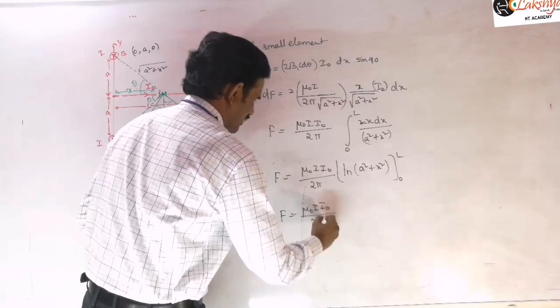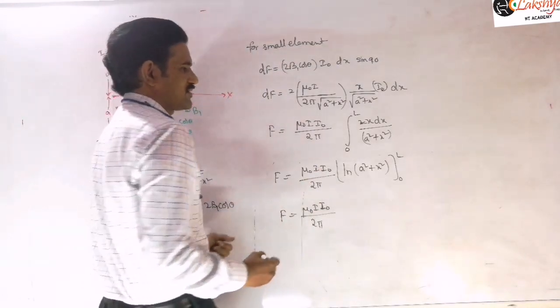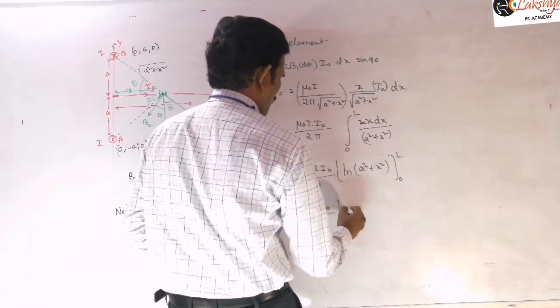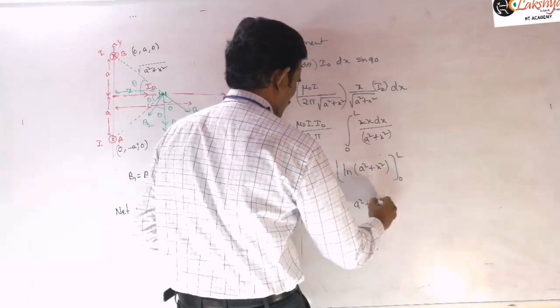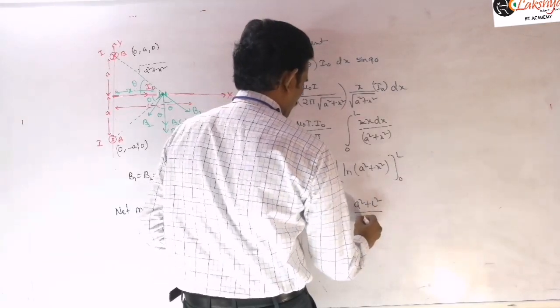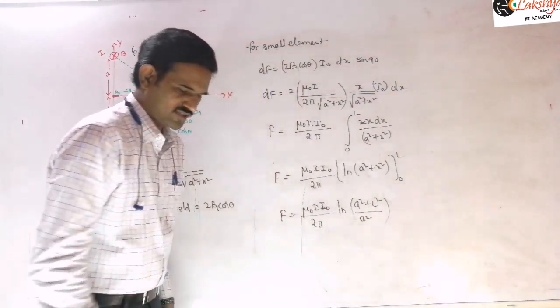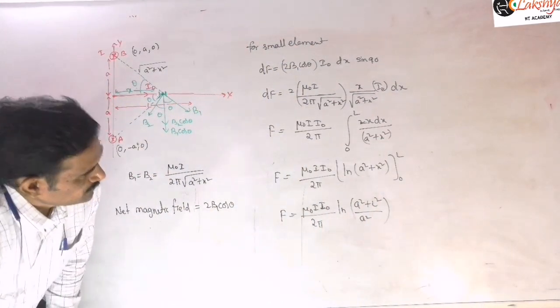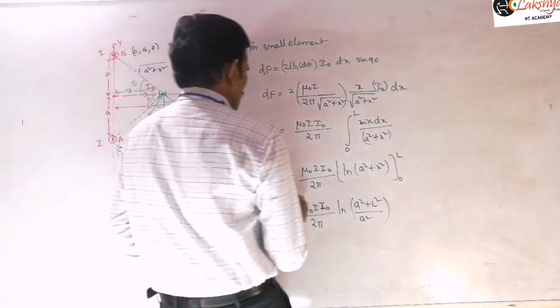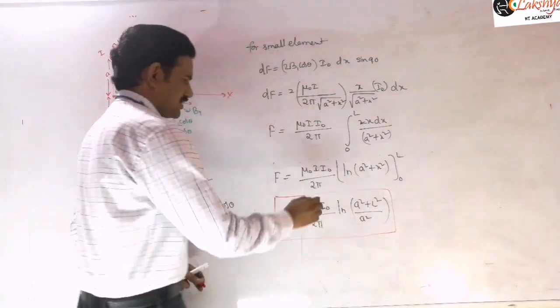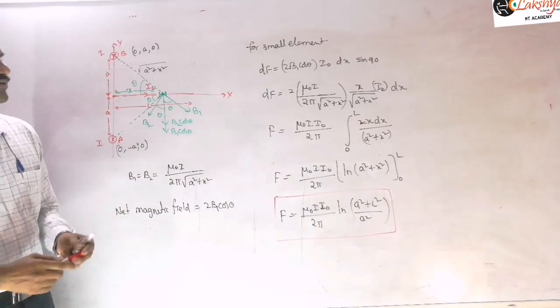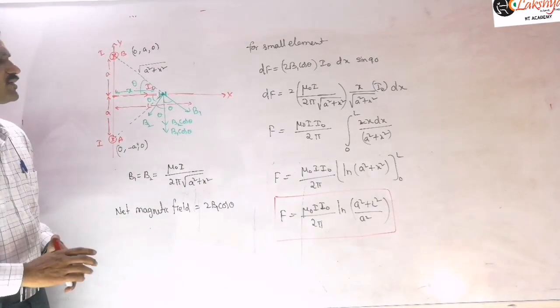So this is 2 pi into, now we can substitute the limits there, ln of a square plus L square by a square. So this will be the force acting on that wire here. It will be almost similar to our previous problems, just that a square terms we are getting, right?